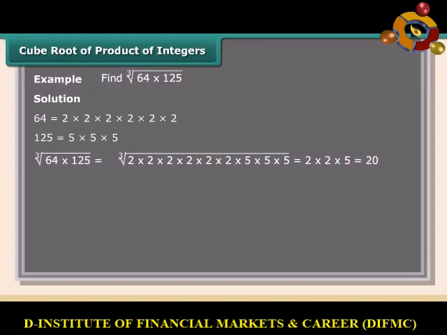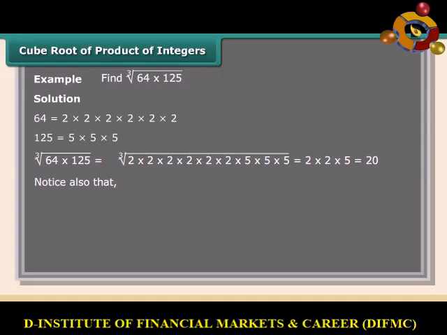Cube root of 64 × 125 is equal to cube root of 2 × 2 × 2 × 2 × 2 × 2 × 5 × 5 × 5, which is equal to 2 × 2 × 5, which equals 20.